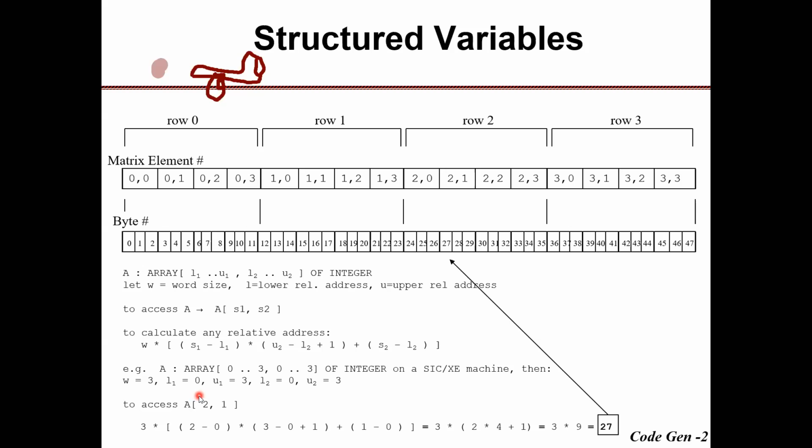So if we want to create a 2-dimensional array of any size, we can do that. We can use this algorithm here to generate the correct addresses for each entry in that matrix. 2 by 8, 14 by 65, whatever. Type integer, type real, type char. You can do that too, right?